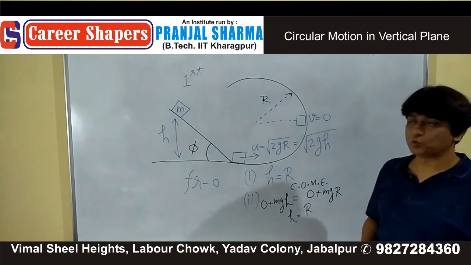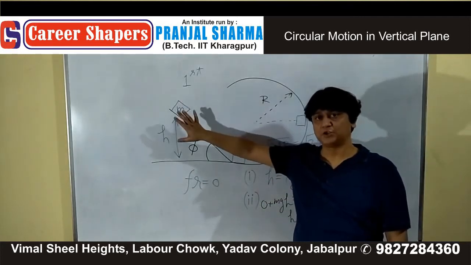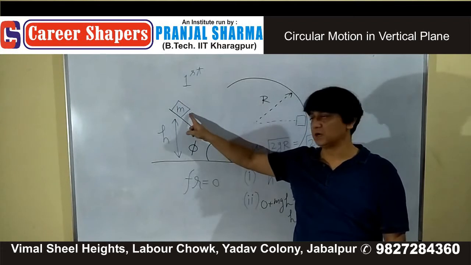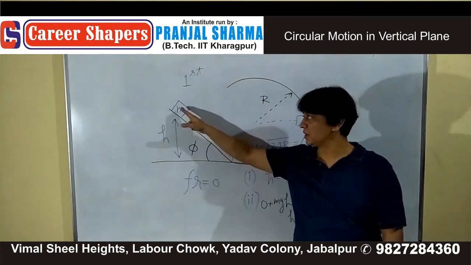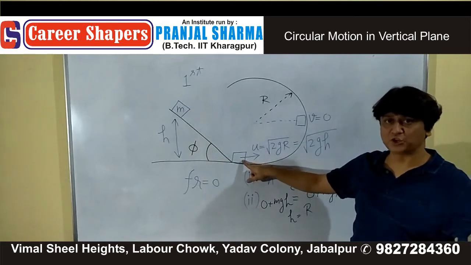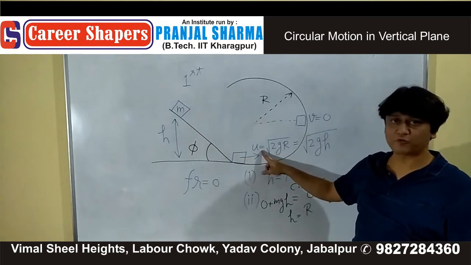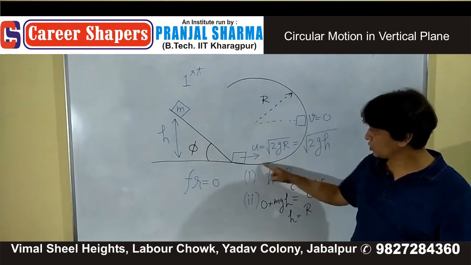R. So what happened? Right here, the total mechanical energy is in the form of potential energy. There is no kinetic energy. It slides down. At the bottom, there is no potential energy. It has become 0. All that energy is now in the form of kinetic energy. It again goes up.